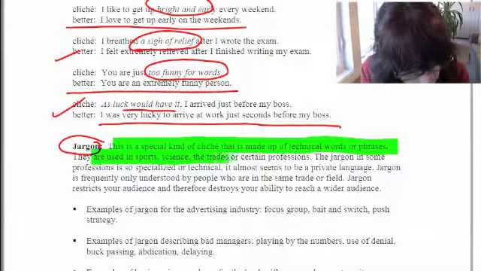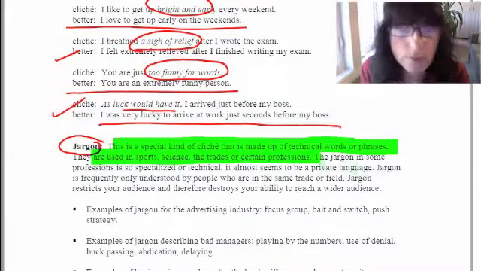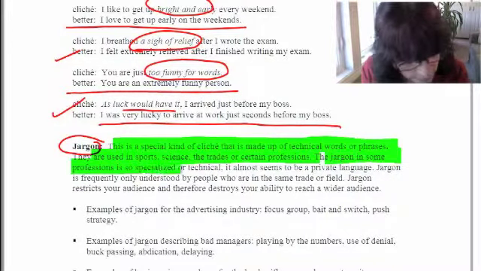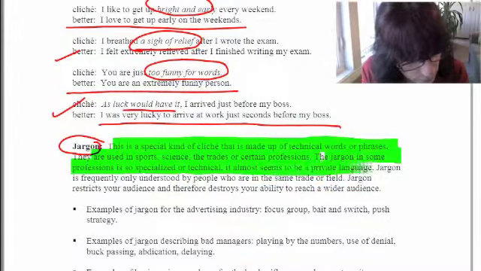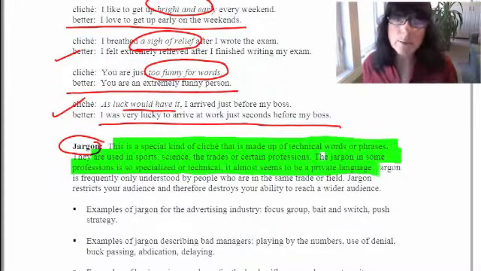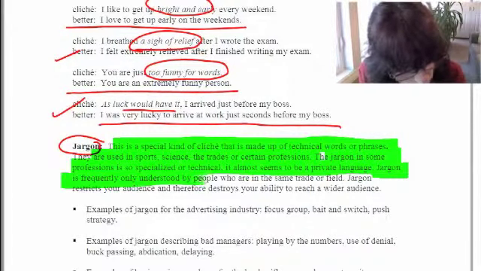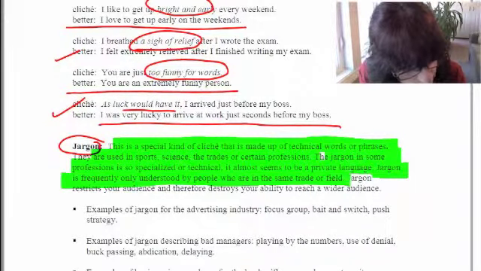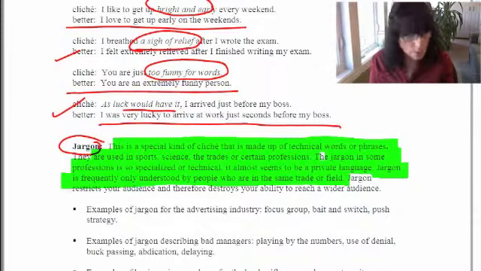So they're used in sports, science, trades, and certainly some professions. The jargon in some professions becomes so specialized or technical, it's almost like a private language within your own group, within your own profession. So jargon is frequently only understood by people who are in your field or your trade.